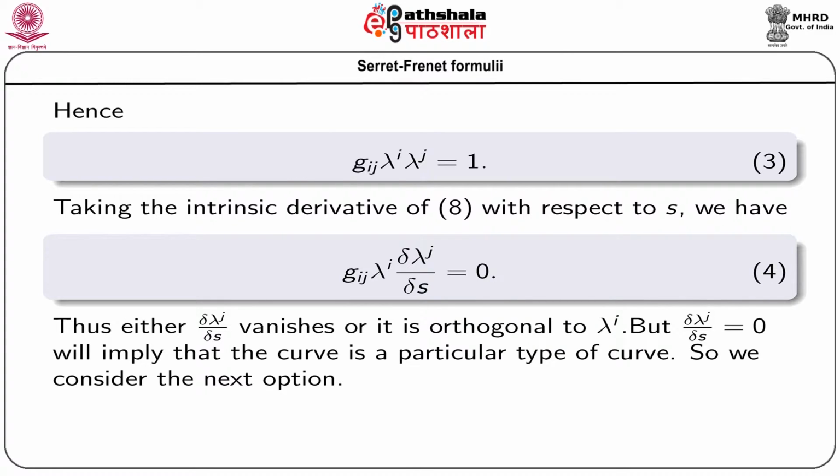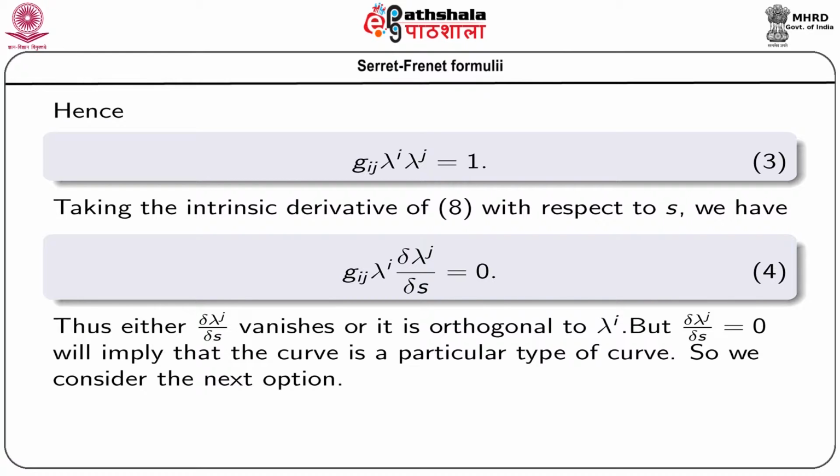Now, from this equation we can have that either δlambda^j/δs vanishes, or not; because lambda^i are unit vectors, it cannot vanish, and obviously g_ij will not vanish as we are in a space.